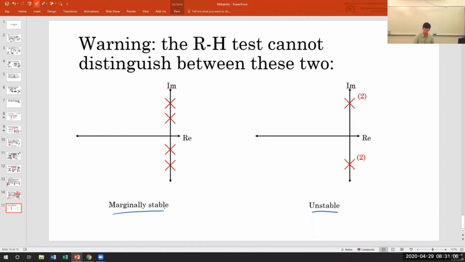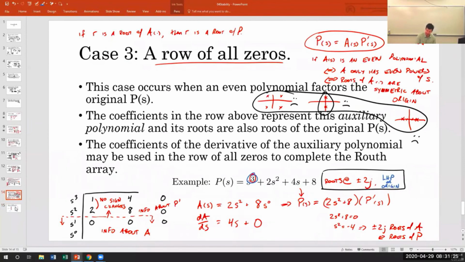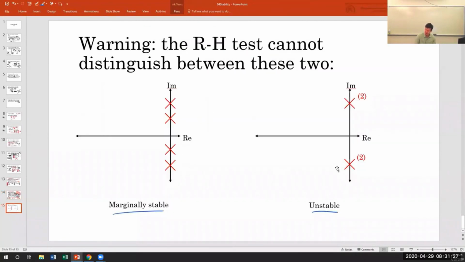In this class, both of these are bad systems, but I do want to allow for the possibility that sometimes you might want an oscillator which has multiplicity 1 poles on the imaginary axis. But Routh-Hurwitz won't be able to tell you if you get this kind of situation we were in here. Routh-Hurwitz won't be able to tell you if the roots are repeated or distinct, okay? It will only tell you that there are roots on the imaginary axis.